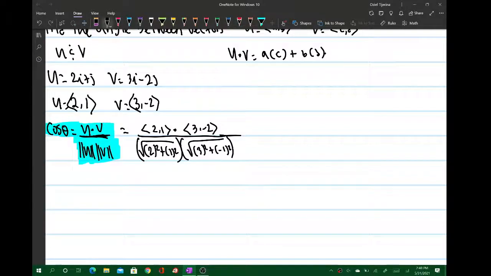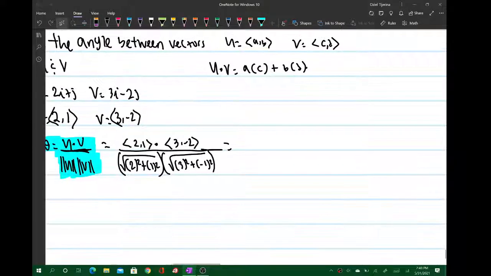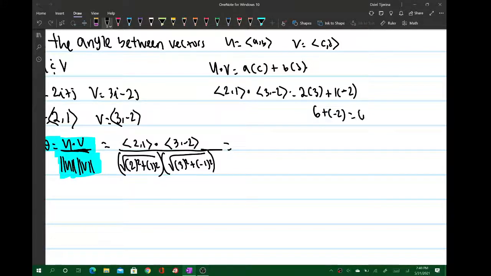So then we go ahead and do u dot v, so (2, 1) dot (3, -2) is going to be 2 times 3 plus 1 times negative 2. So it's going to be 6 plus negative 2, which is 6 minus 2, which is 4. So this is equal to 4.